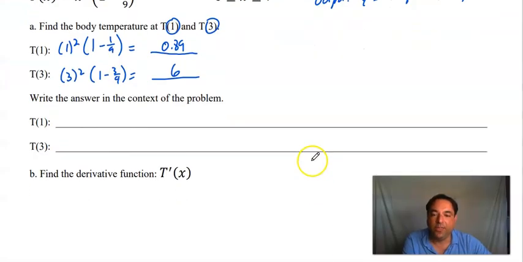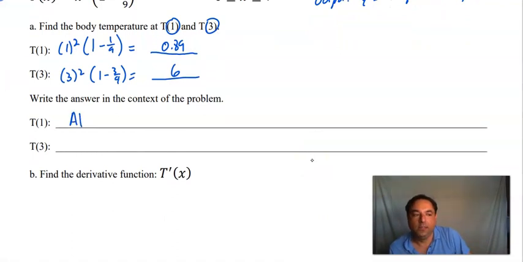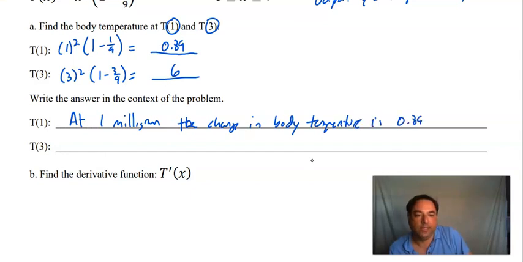But getting the answer is one thing, and being able to explain it is another thing. So at 1 milligram, the change in body temperature is 0.89 degrees Fahrenheit.